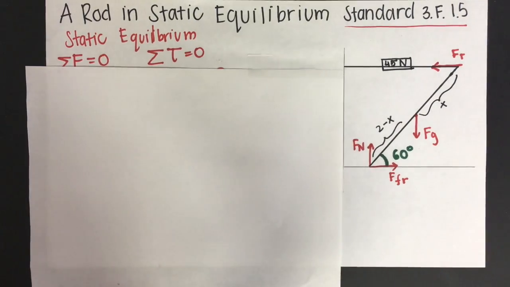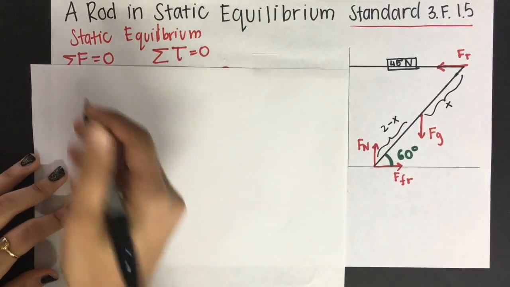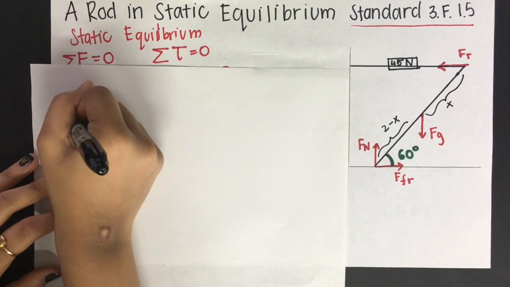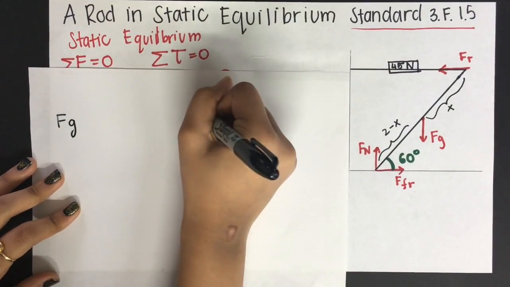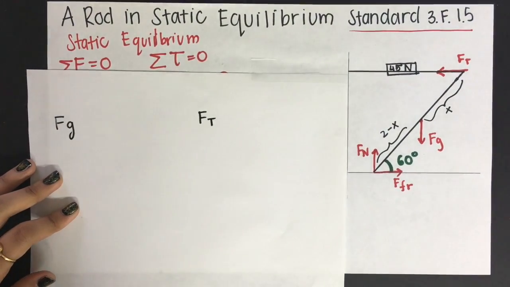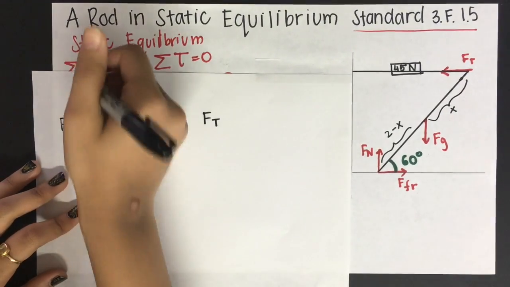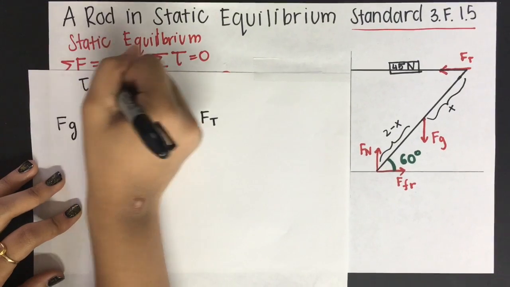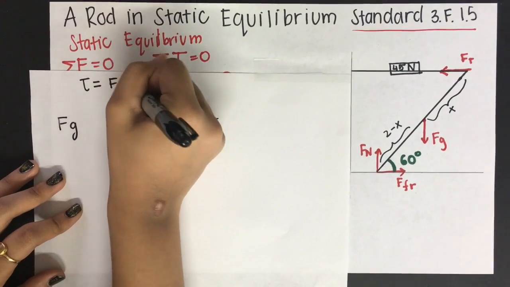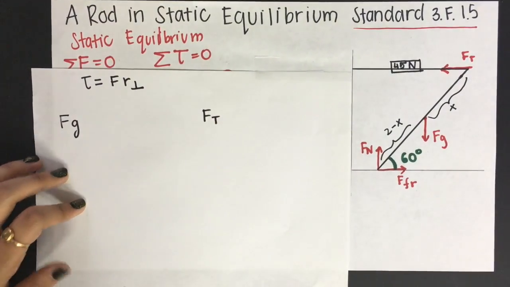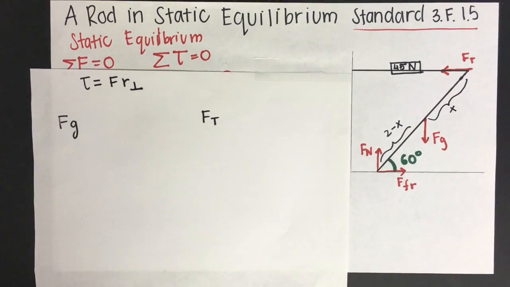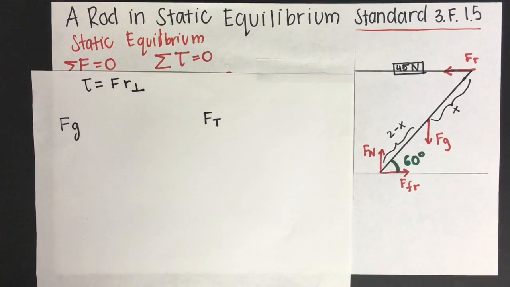So let's write that down. Also, the equation for the net torque is torque equals F times r perpendicular. R perpendicular is the perpendicular distance of the line of force from the pivot point.